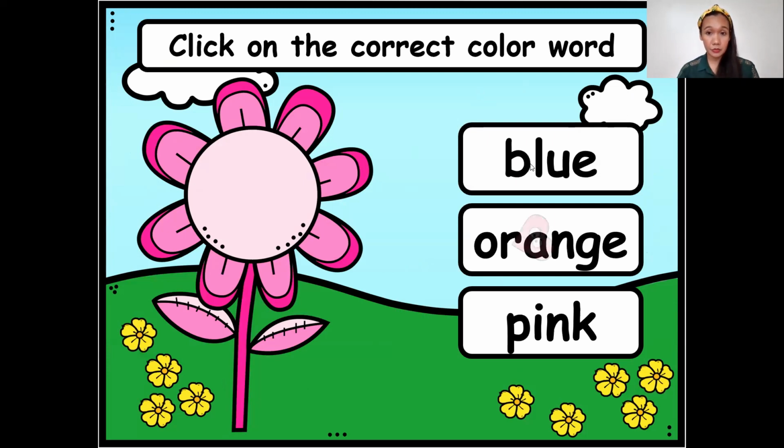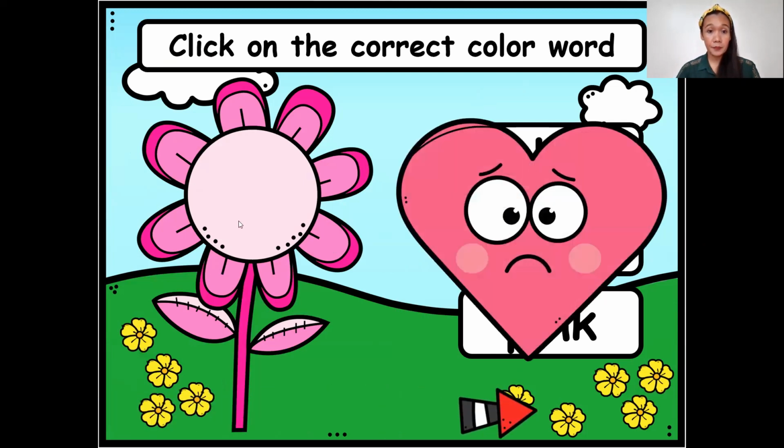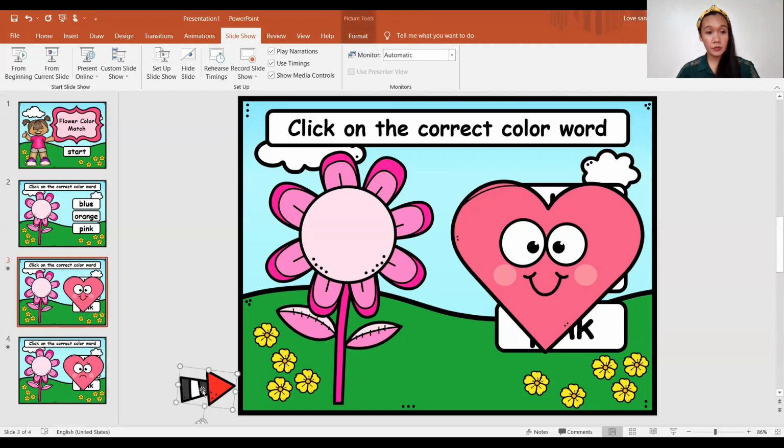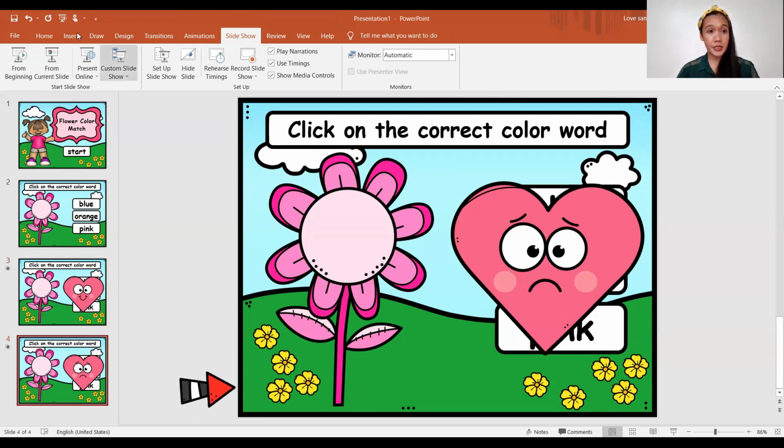Example like this one, blue. That's it. Can't go to another slide. And see, the arrow's there because we haven't put a hyperlink on it. So the next step is to put hyperlinks on our arrow. So click on your arrow. The next means we'll make another slide.